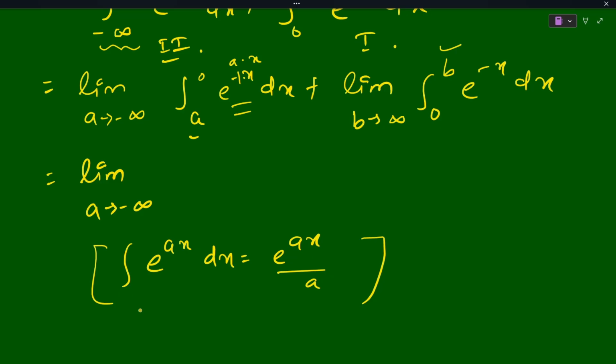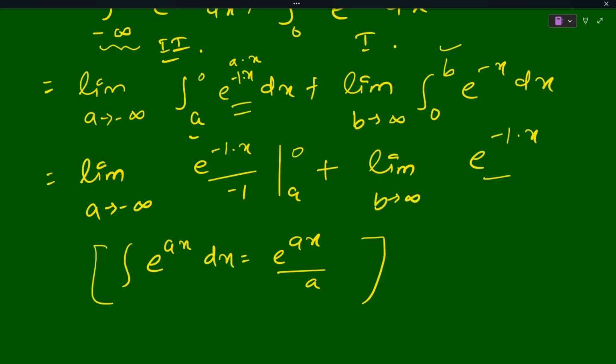Just substitute here. It would be e to the power minus 1x by minus 1, and the limits are from a to 0. Then here it is limit b tends to infinite, again the same formula, minus 1, and limits are from 0 to b.